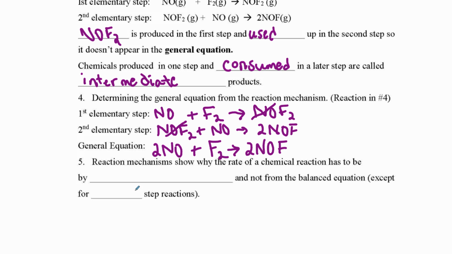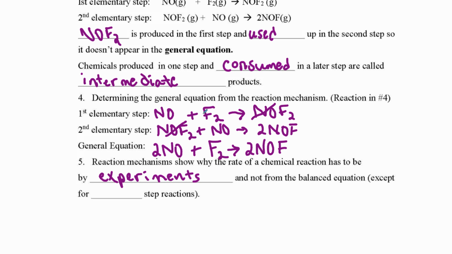So this just talks a little bit about rates, which you've already learned about. But it just says reaction mechanisms show why the rate of a chemical reaction has to be determined by experiments. So what this means is when you're figuring out the rate laws and it's a multi-step reaction, so more than just one step, you can't just figure out the rate law of multi-step reactions by looking at the balanced chemical equation.